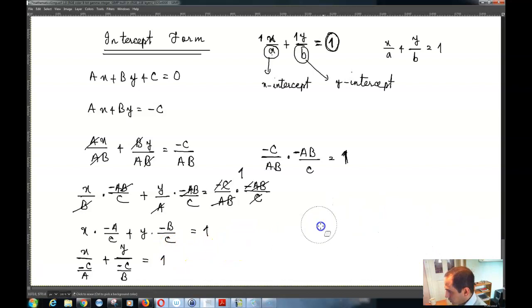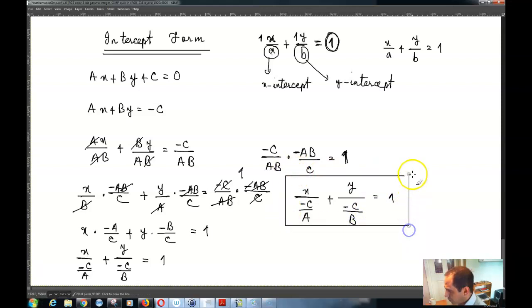So, long story short, you have x over negative c by a plus y over negative c by b is equal to 1.